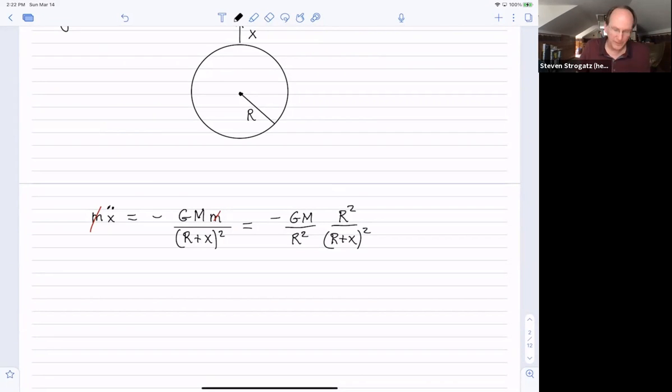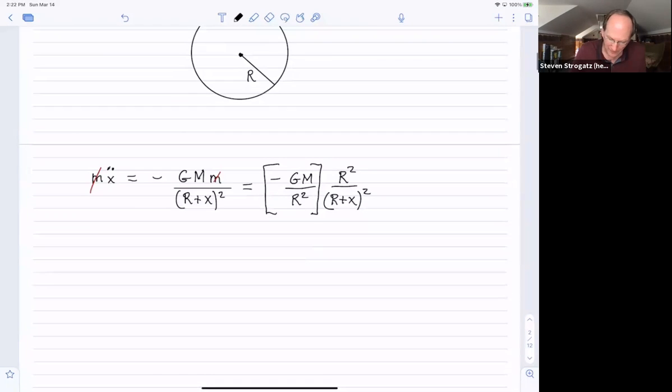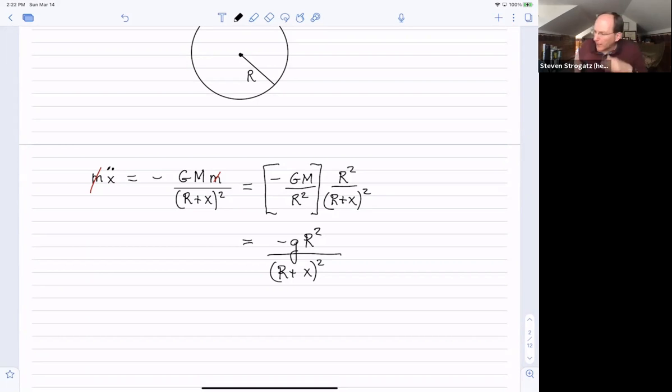And the reason I'm writing it like that is because this first term that involves all these constants, that's the familiar quantity that we call the acceleration due to gravity. So that would be minus little g, big R squared, all over R plus x squared. Okay, so that's x double dot.